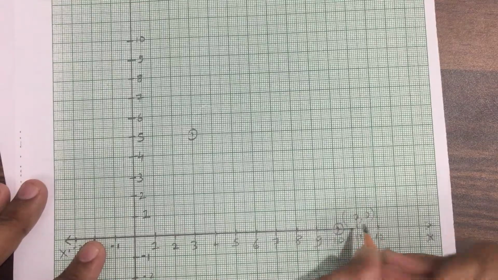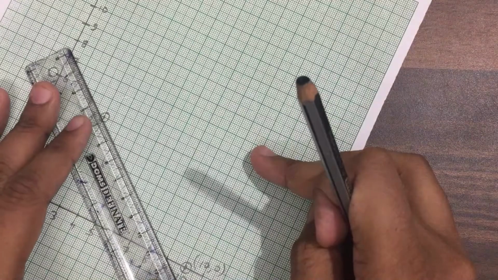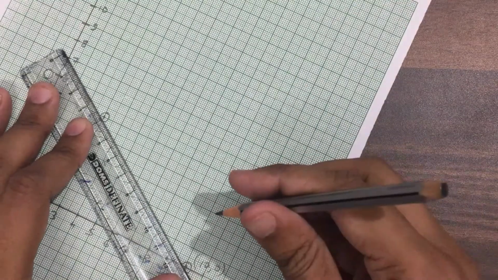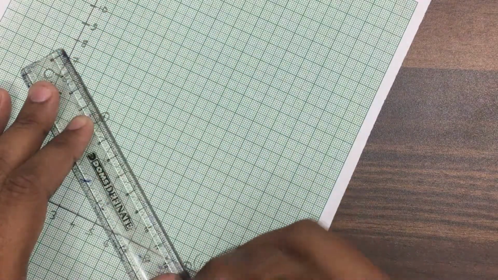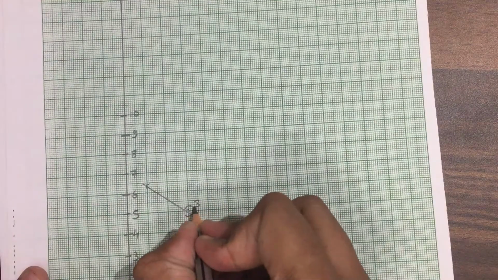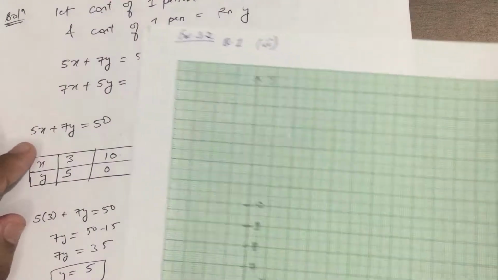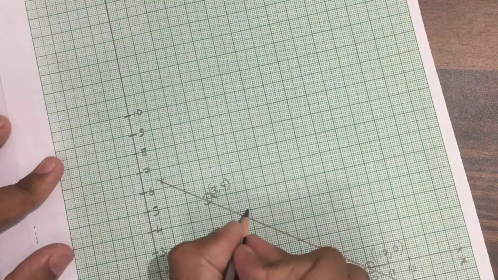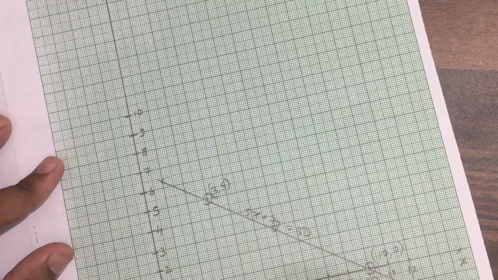Now what we'll do, we will join it. This is 3, 5. Now write the equation 5x plus 7y equal to 50.